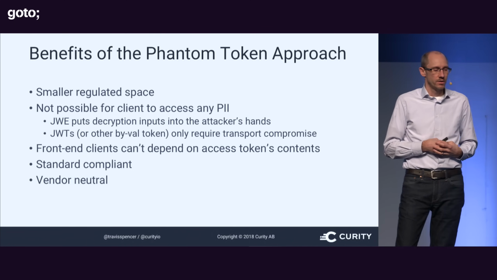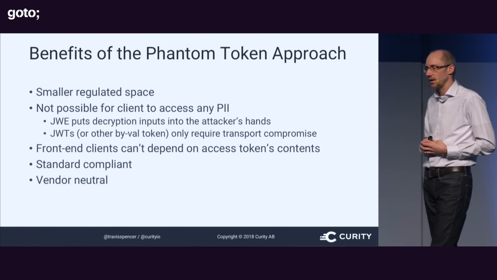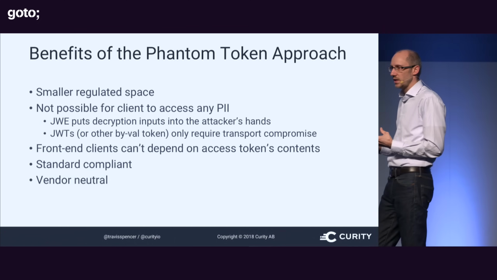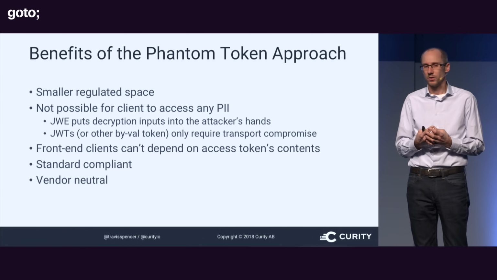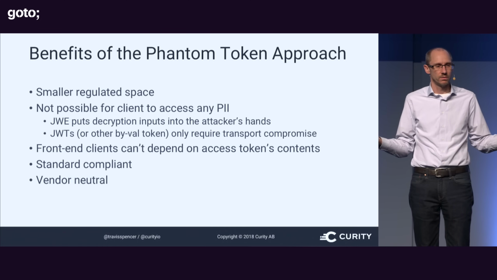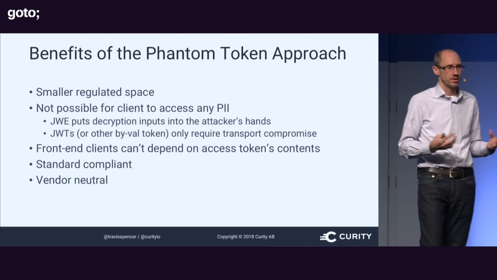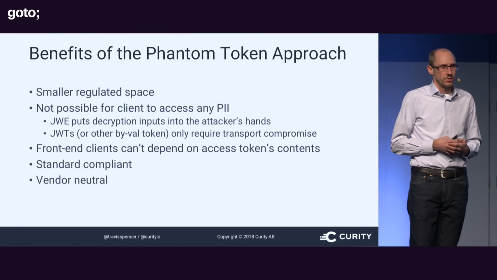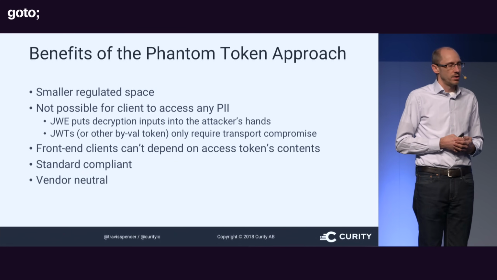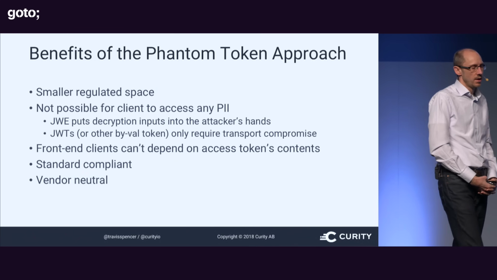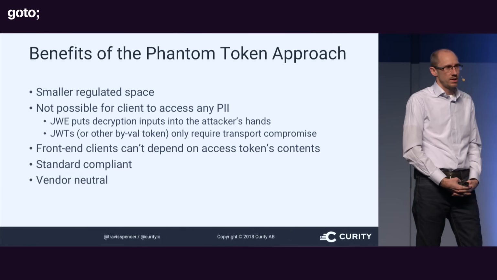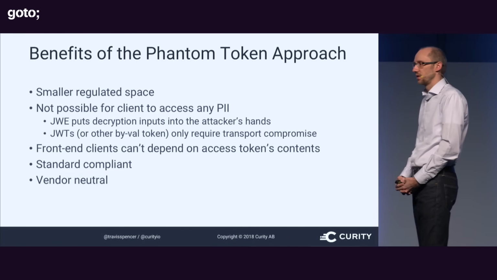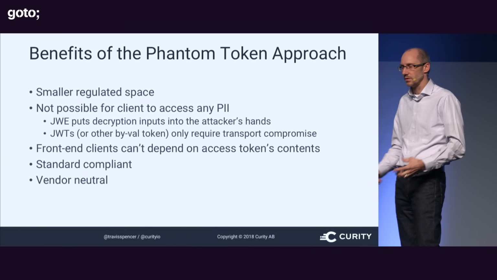It's also not possible for an attacker to gain access to that identity information by decrypting the token, because the opaque token isn't encrypted. It's just a handle to the information, where the alternative is to use a JWE, an encrypted JSON token. And if you do this, then you are putting the decryption inputs into the hands of the attacker and saying, I dare you to decrypt this.